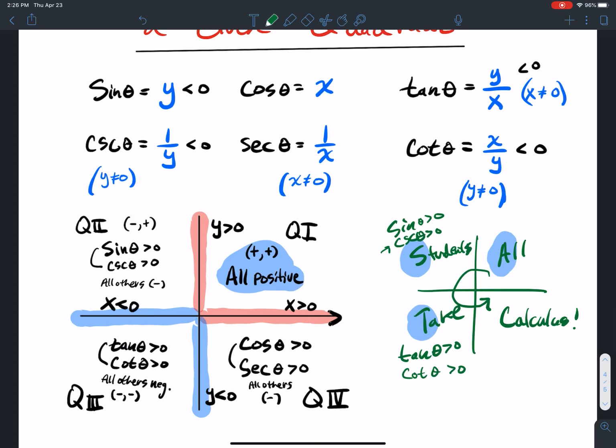And then calculus, C stands for cosine, cosine theta, and then its reciprocal secant theta are both positive. Okay? So A is for all students. That's for S, which is sine, and then take, T is for tangent, and C is for calculus, for cosine.